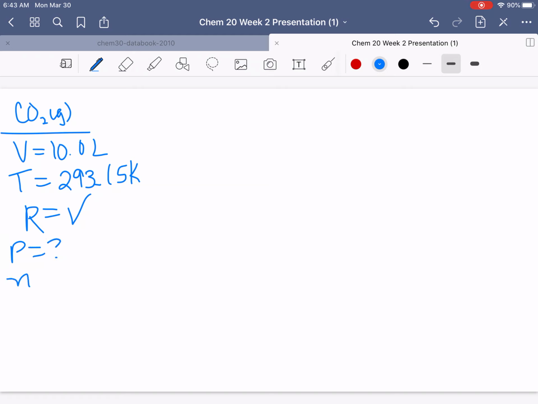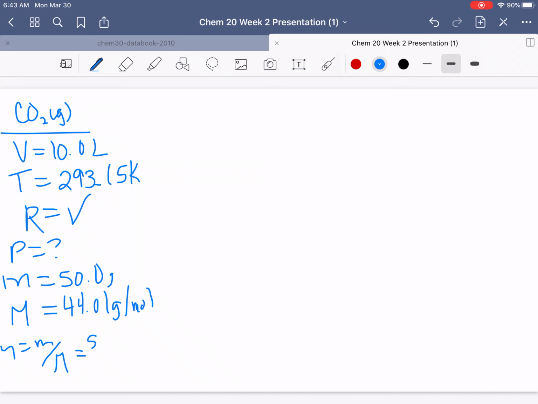But the good news is you've got your mass in the question, 50.0 grams, and you can calculate the molar mass. Take the carbon molar mass plus 2 oxygens' molar mass, we get 44.01 grams per mole. n is equal to mass over molar mass, so 50.0 grams divided by 44.01 grams per mole.